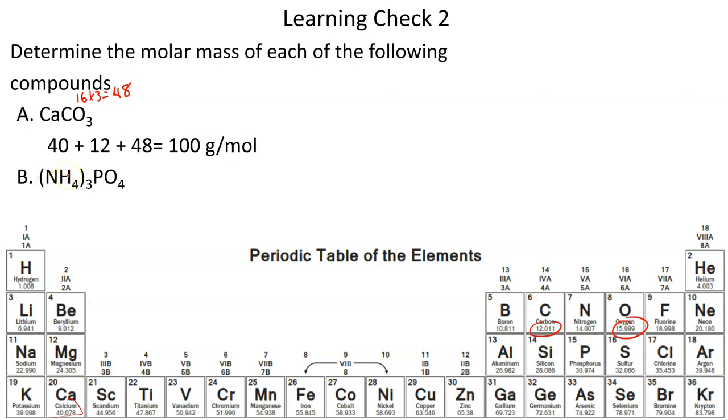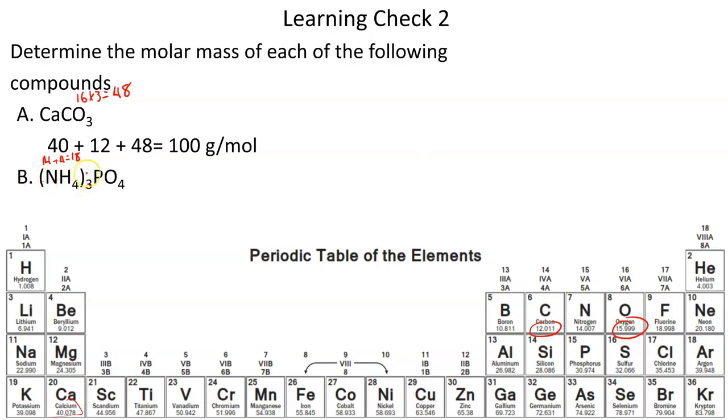This is a little tougher. Ammonium phosphate, that's a lot going on for it. So nitrogen's 14, hydrogen is 4, so that's 18, and then we have to multiply that 18 times 3 because we want to get the mass of the whole thing, that's 54. So you have to distribute the 3 on the outside to everything.